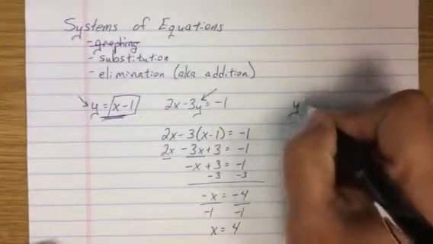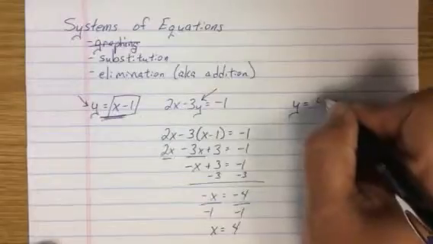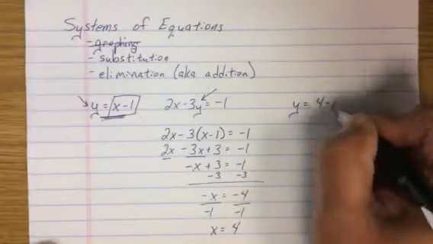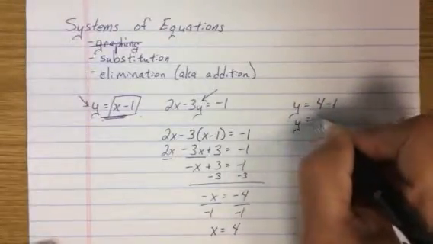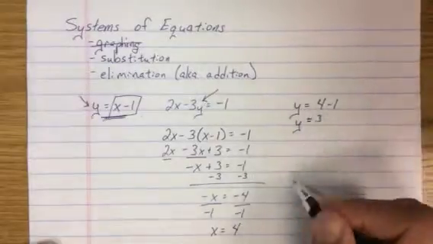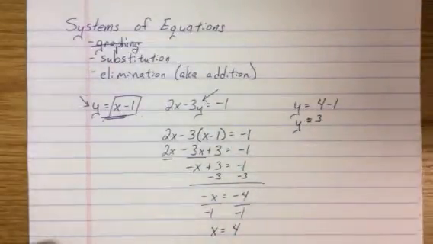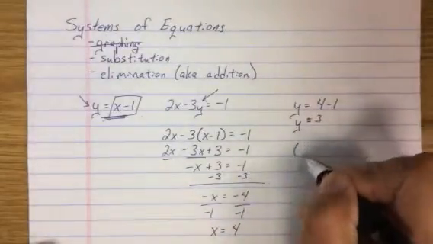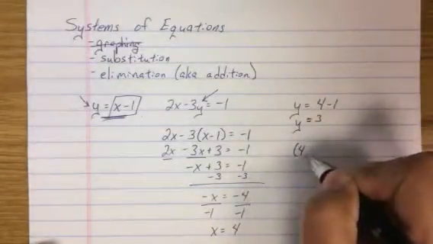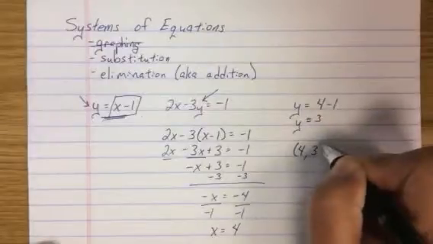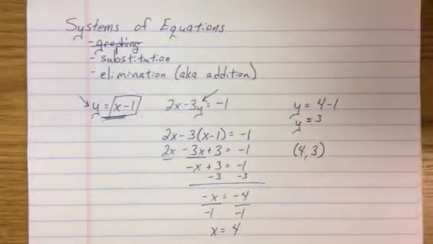So I'm picking this one. Where I see x, I plug in 4. So 4 minus 1 is 3. Now this is not the right answer, because remember, this is a coordinate, or a point on a graph. And points on graphs come in parentheses, an x value, then a y value.